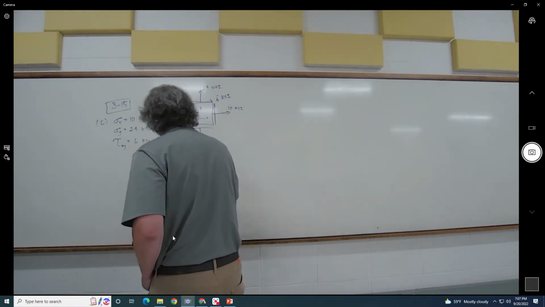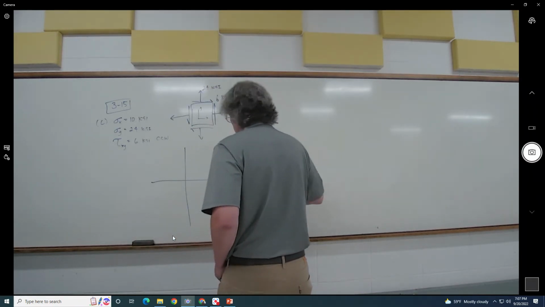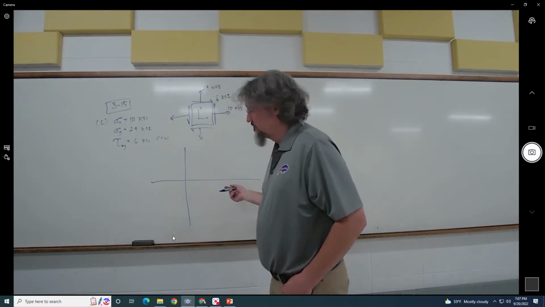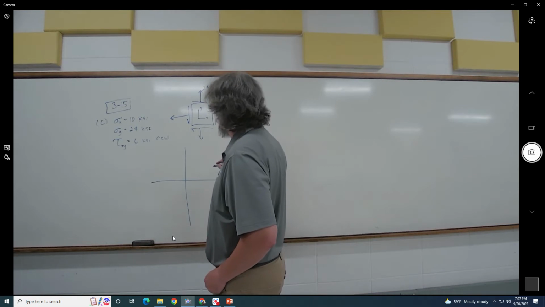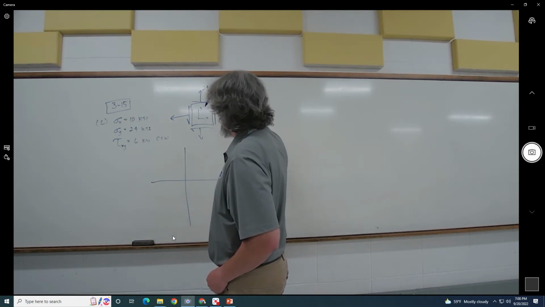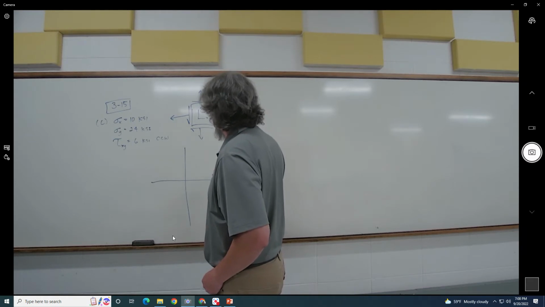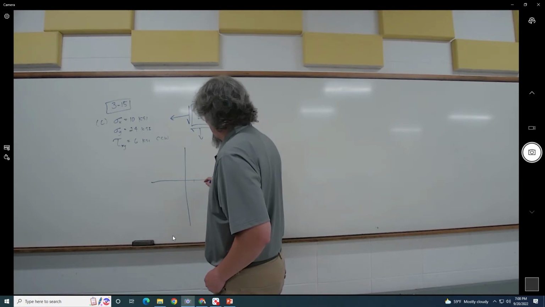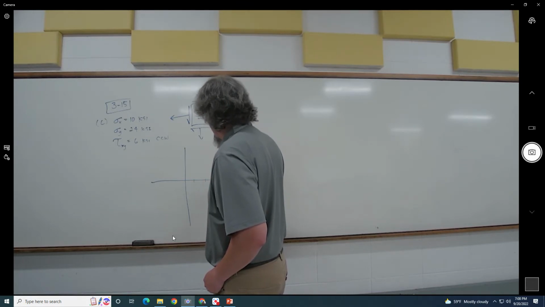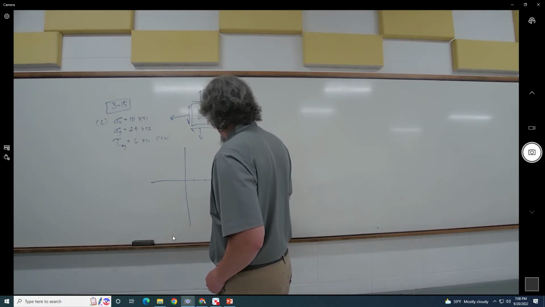It's nice to have graph paper to do this, but we could get kind of close. Because this is the biggest one right here, we might want to use that as the reference. So I'll go 5, 10, 15, 20, 25.